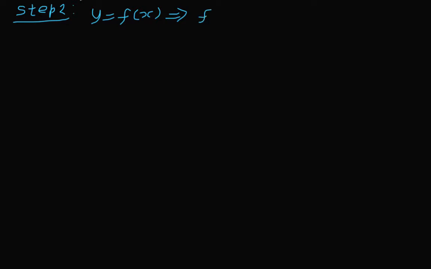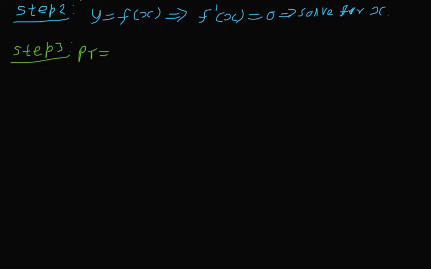We get the derivative of f(x) and set it equal to 0, then solve for x. So we use the same method for this problem. So then go to step 3.